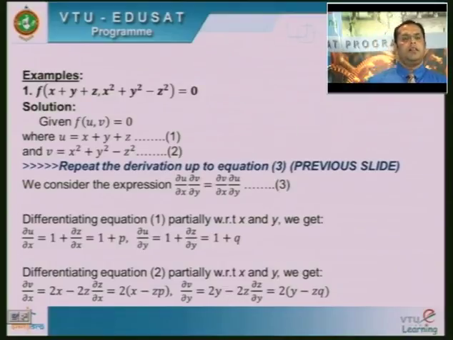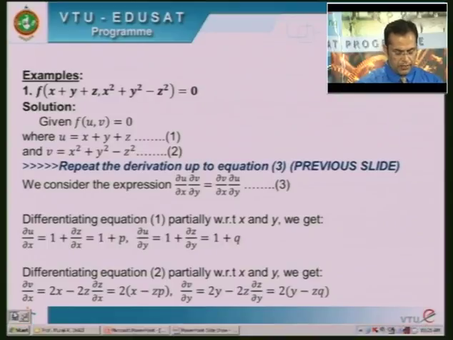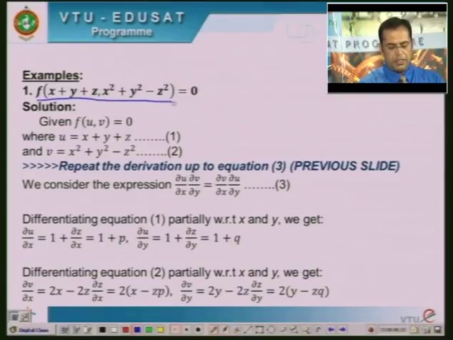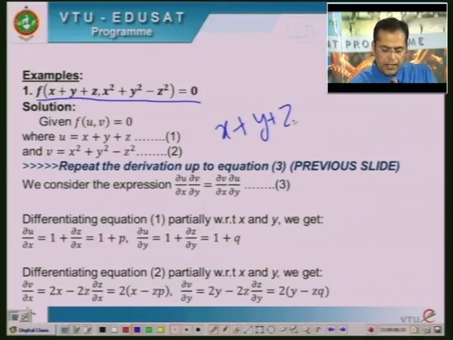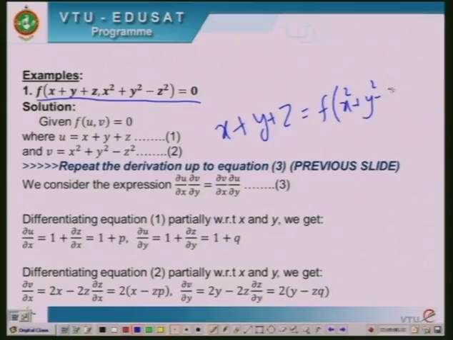Form the PDE by eliminating the arbitrary function f from the relation f of x plus y plus z, comma, x square plus y square minus z square equal to 0. Now, friends, you can try to express the same example like this: take the first function on the left side, call that u, and write it as f of x square plus y square minus z square.